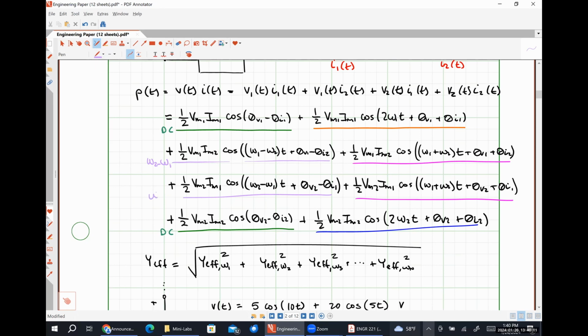So realistically, these two terms in lavender could also be lumped together because they're at the same frequency. The two terms in pink could be lumped together because they're at the same frequency. So you could condense this down from 8 terms to 5, but 5 is as small as you can make it.